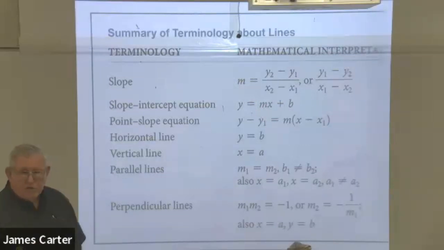Why? I'm not really sure, but it is. This one's called the point-slope equation, and we'll talk about it. Here we've got the horizontal and vertical lines we already talked about. And then we're going to talk about perpendicular and parallel lines in a little bit.